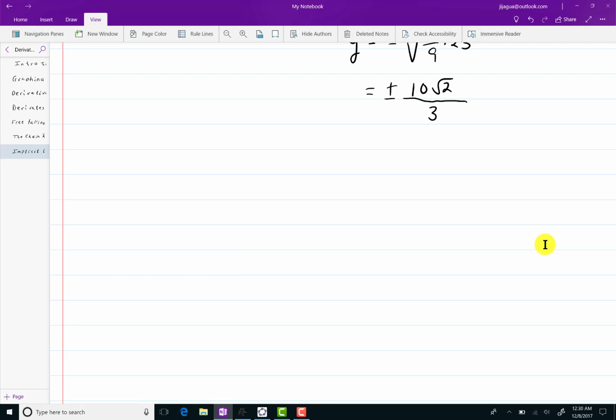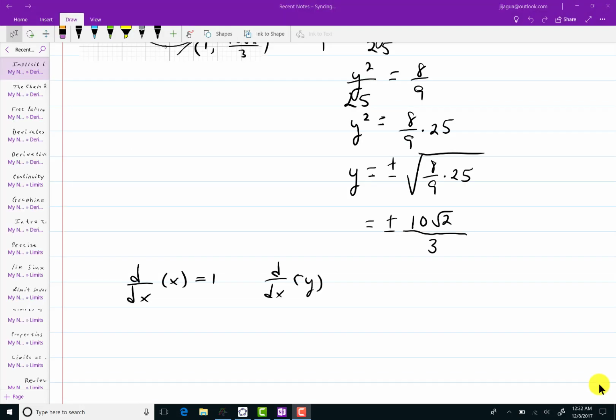Remember that the derivative, d over dx of x equals 1, and d over dx of y, we just call it dy over dx. You might find it useful, at least more convenient, if you just simply call it y prime. Just like we do f prime of x, things like that.